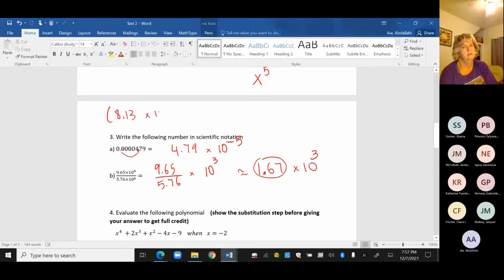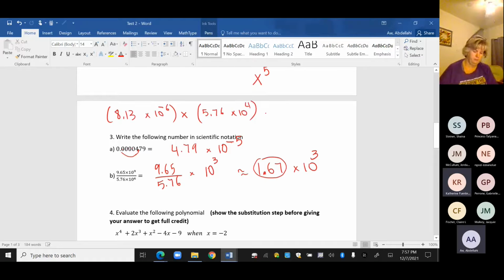8.13 times 10 to the -6 times 5.76 times 10 to the 4th. You see, you can have this one. This one is all multiplications. Now you're going to do 8.13 times 5.76 at the same time as me.